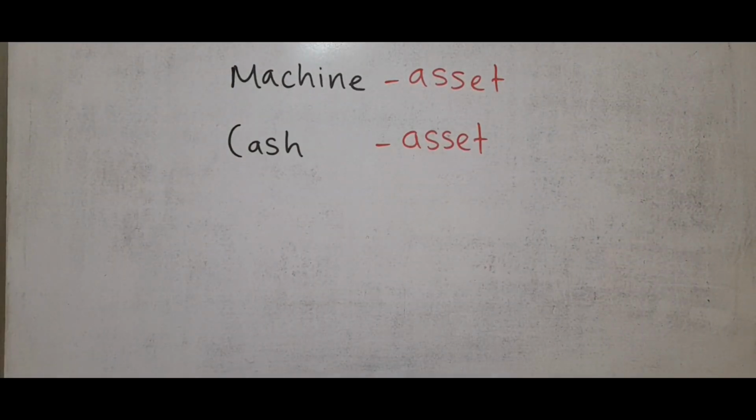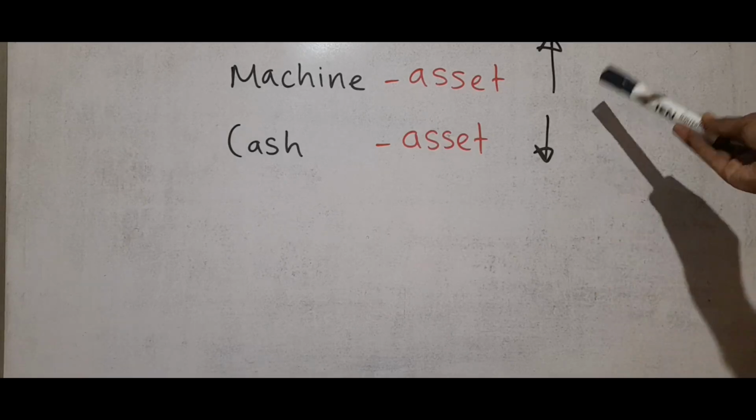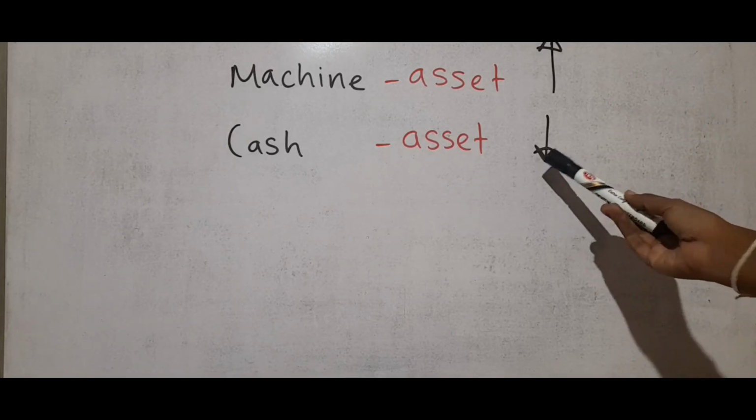Machine asset, cash asset. To purchase a machine, we need cash. Now here we identified one accounting element. It is an asset. Because of this transaction, one asset increases, other asset decreases. Here, machine increases, cash decreases.